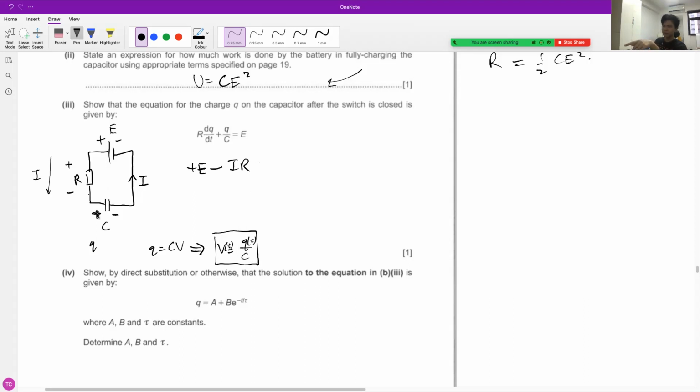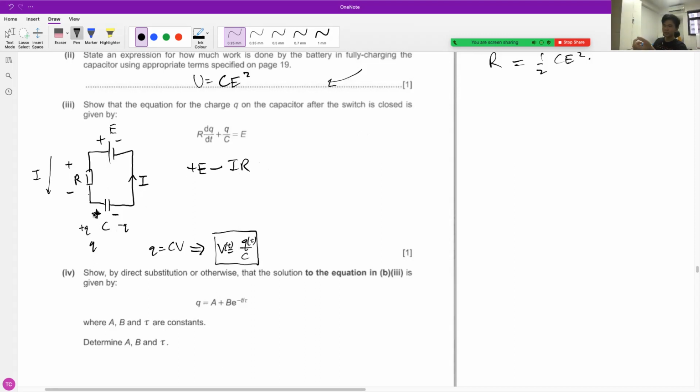We define Q such that the left side is positive Q and the right side is minus Q, which we'll see later ties in nicely with our definition of current.